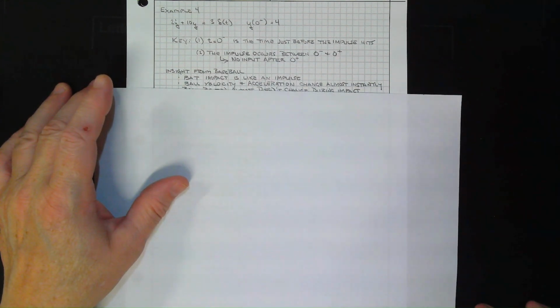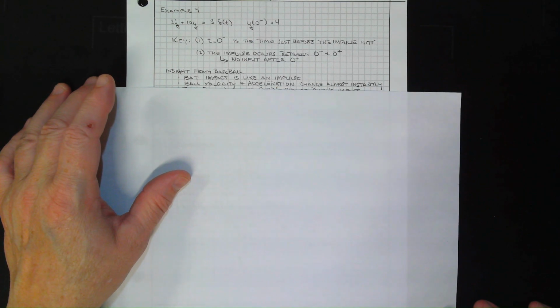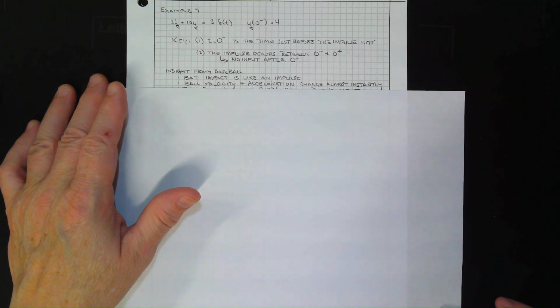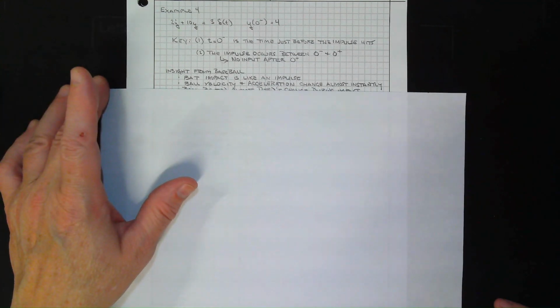This is important. If you ever see something in slow motion, as a 90-mile-an-hour fastball comes in and the bat hits the ball, the velocity and acceleration change basically instantaneously. Boom, it's going the other way, faster than it came in. So velocity and acceleration change in an instant.